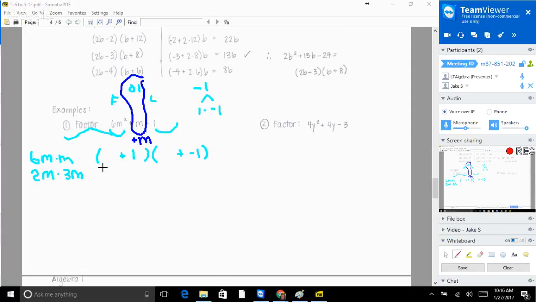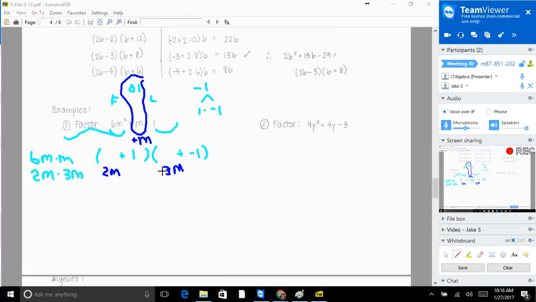Okay, so we know we want to do 2m and 3m, but we don't know which one goes where because one has a negative and one has a positive. So you can think about it like, okay, the outside of this is going to be negative and the inside is going to be positive.